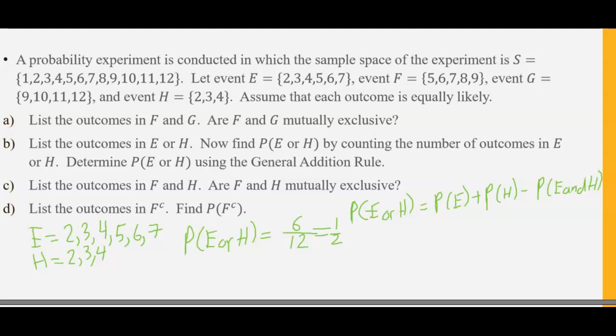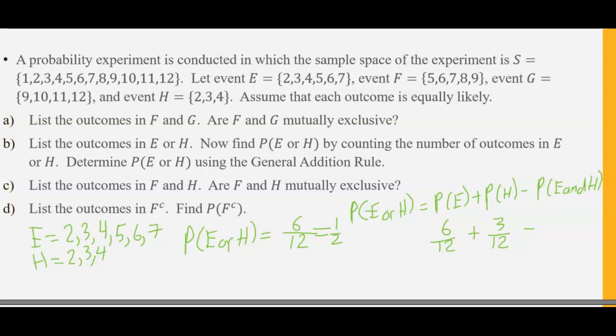So that is what they have in common. Probability of E: there are 6 things in E, and a total of 12, so the probability of E is 6 out of 12. Probability of H: there are 3 things inside of H, so that's 3/12. Finally, the probability of E and H is what's in common between the two events.